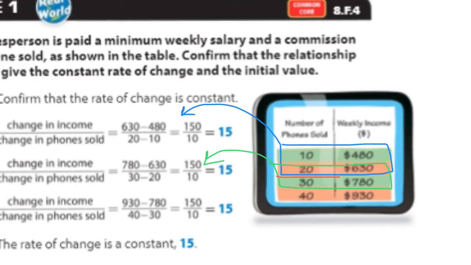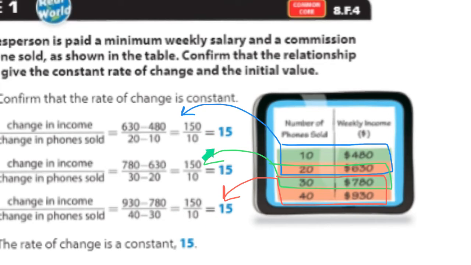Okay, so here we go for the last set. So remember, you're proving that it's linear by showing that each of these are constant. So we'll take 930 minus 780, 40 minus 30. You see that happening. 150 divided by 10, of course, is 15.